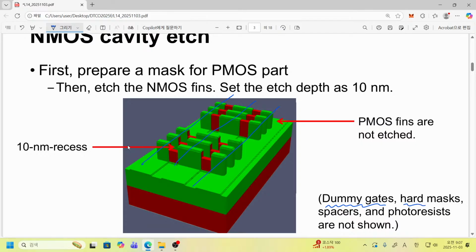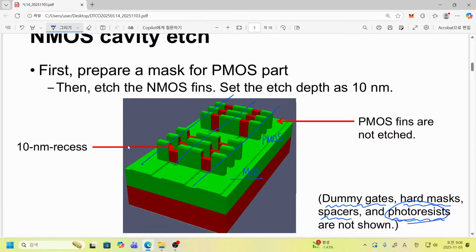Hard masks are on top of dummy gates, and spacers are on the sides of dummy gates, and also photoresist. What is photoresist in this case? Here we have N MOSFETs, and here we have P MOSFETs.